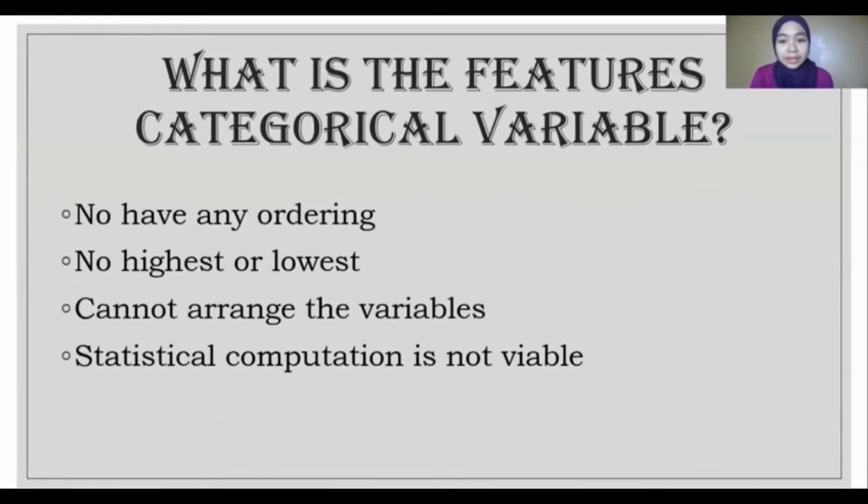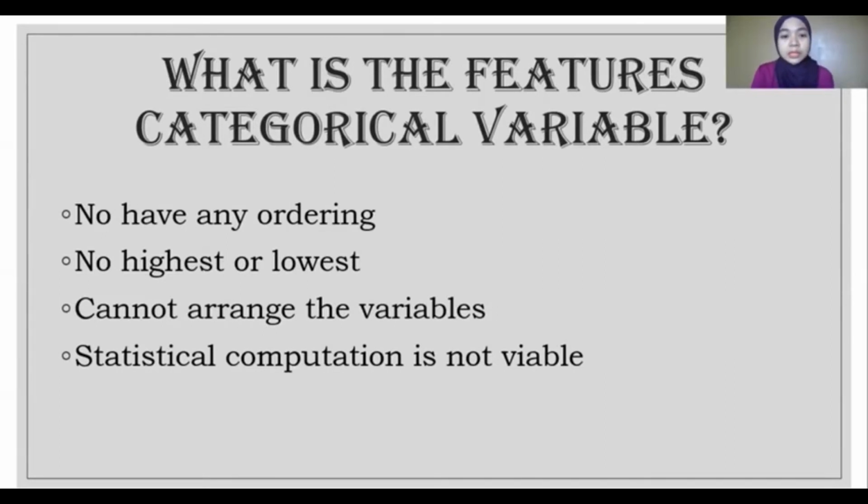They don't have any ordering, number 1, number 2, and number 3. There is no highest or lowest, so we cannot arrange the variables. So what I'm trying to say is that we cannot say that one particular variable is superior compared to the other. Therefore, statistical computation is not viable.